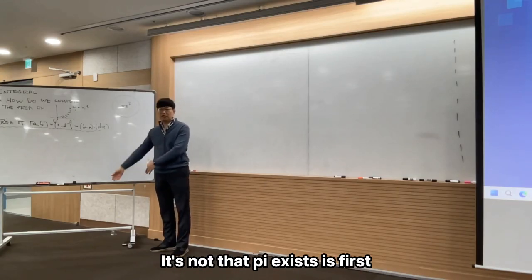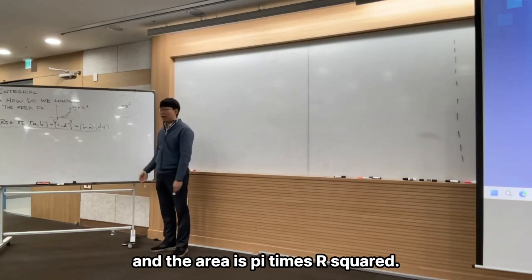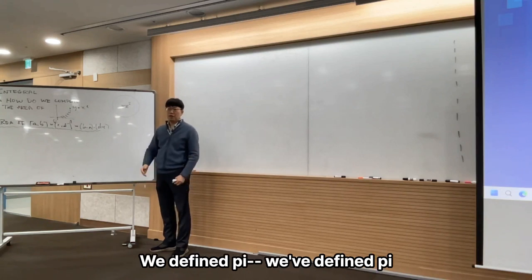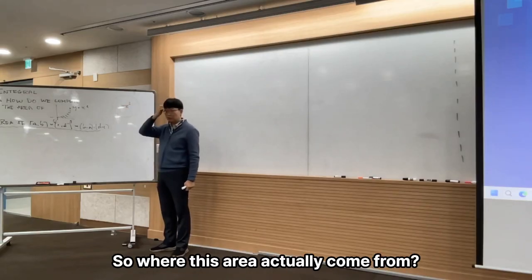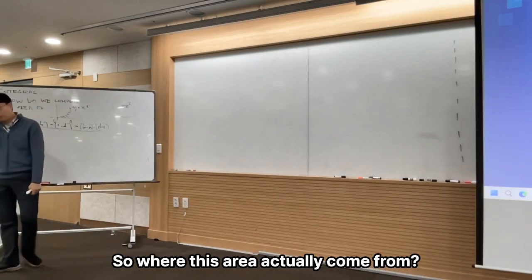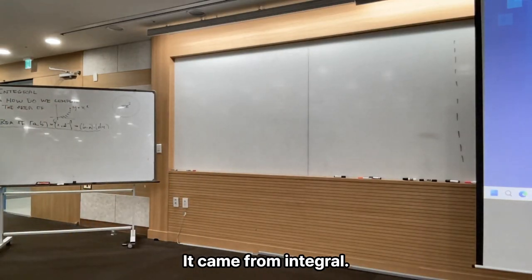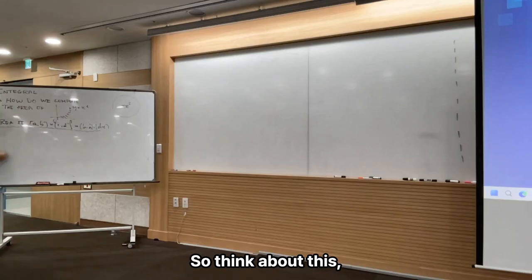It's not that pi exists first and the area is pi times r squared. We defined pi in accordance with the area concept. So where did this area actually come from? It came from the integral.